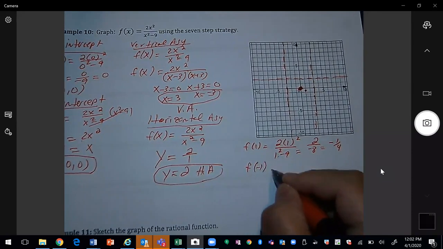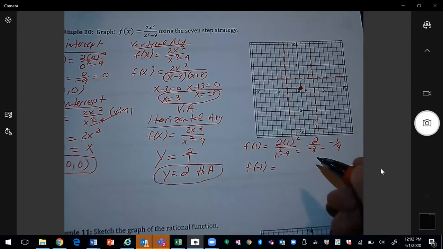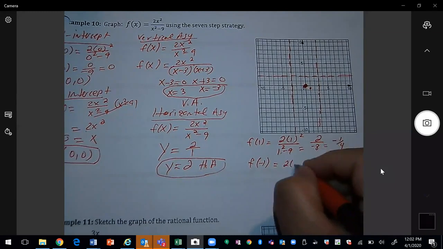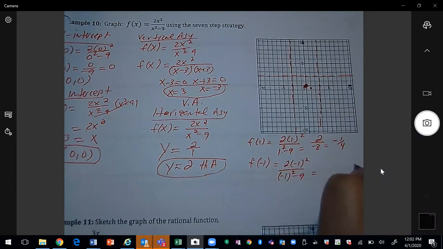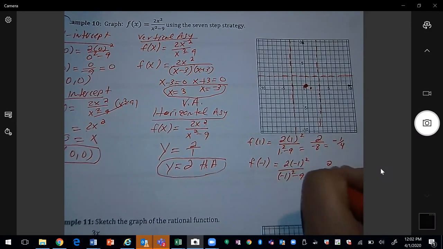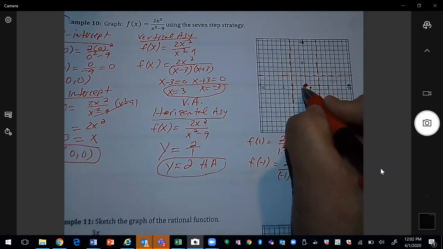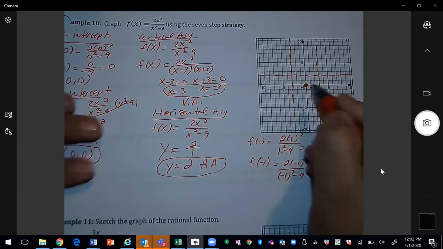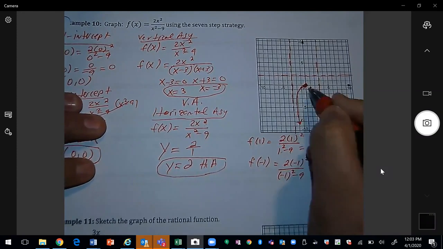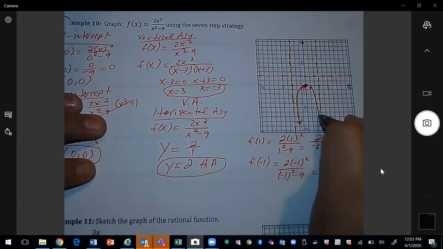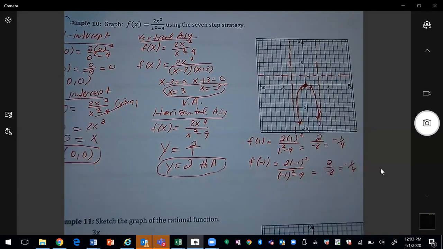And we can try -1. So 2 times -1 squared divided by -1 squared minus 9, so we get 2 over -8, which is -1/4. That's going to be about here. So for this graph, this is going to go down, and then this is going to go down as well. So it's like a parabola in there.